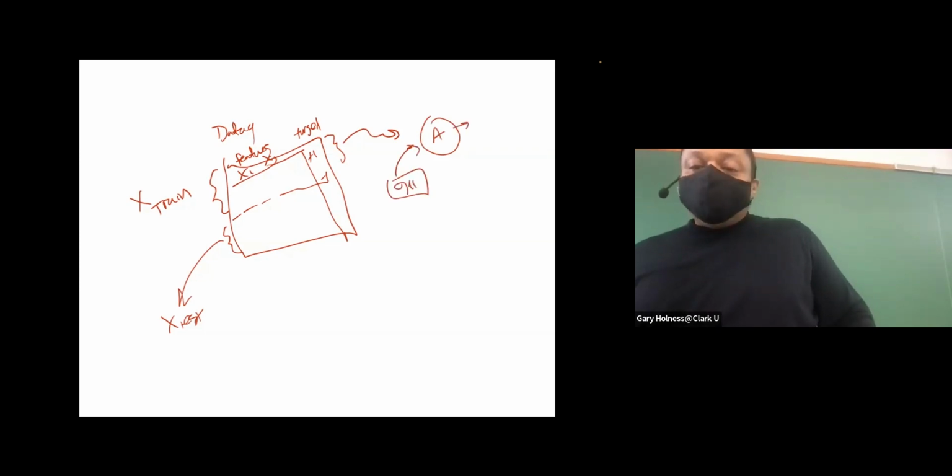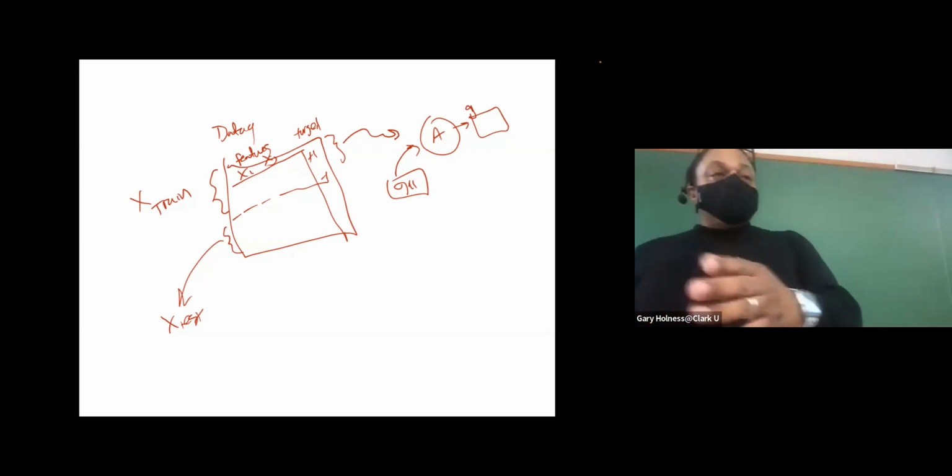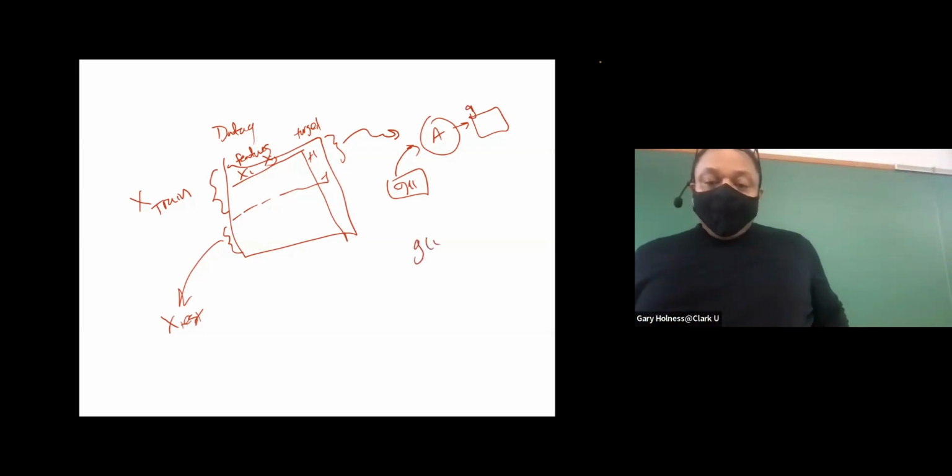And that's going to output a final best hypothesis, G, right? Now, after you get your final best hypothesis, G, you're going to take your test set, X test, and run all of those examples through your final best hypothesis.